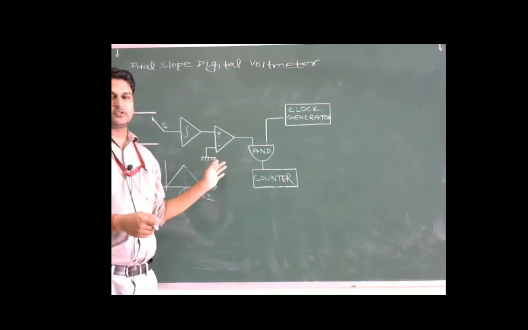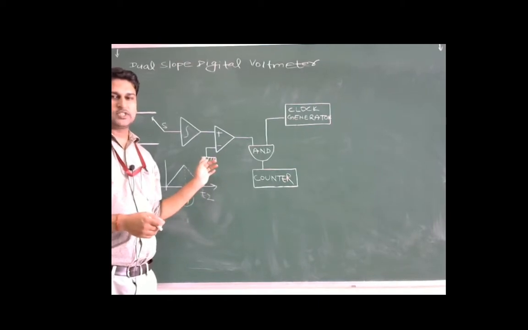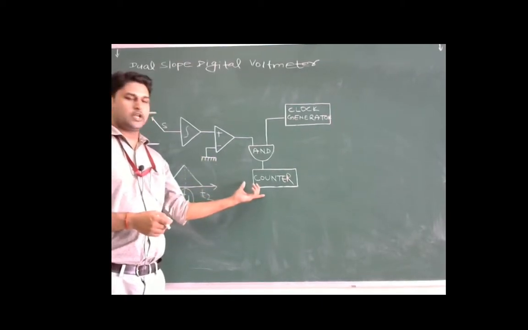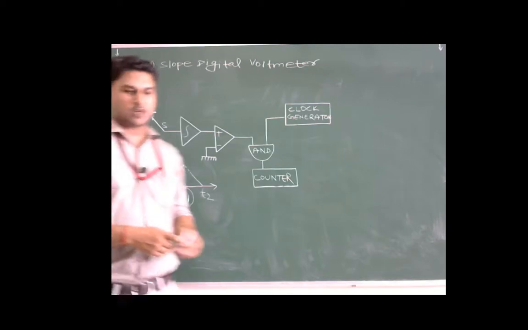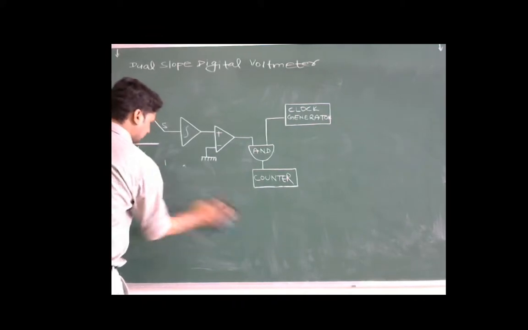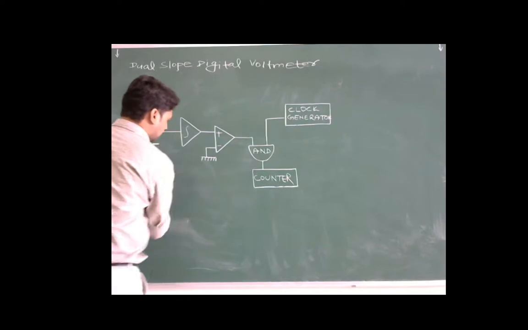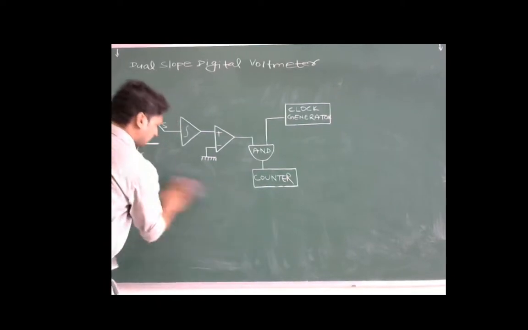So we will introduce some more blocks in the circuit to control the switch and to control the counting of the counter. Suppose this is a clock generator circuit, maybe a crystal oscillator or something else.